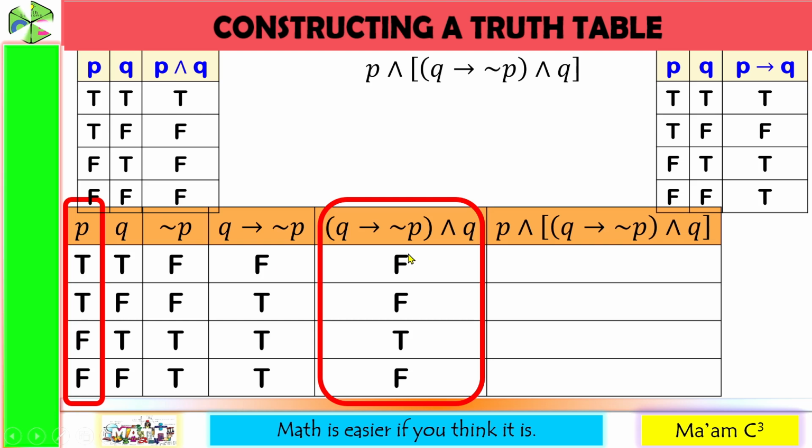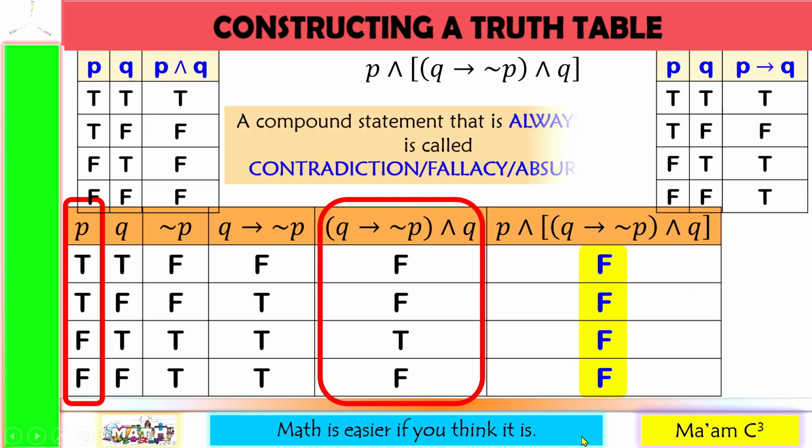So true, false will give us false. True, false will give us false. False, true will give us false. False, false will also give us false. So what do you notice in our final answers? This time, it is always false. If the compound statement is always false, we call it contradiction, or sometimes we call it fallacy or absurdity.